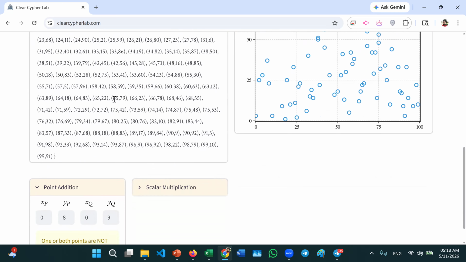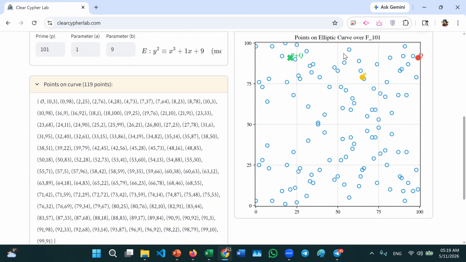Here, maybe I'm going to add this point, 65 and 79, with another point, 99 and 91. The addition of these two points equals 21 and 91.